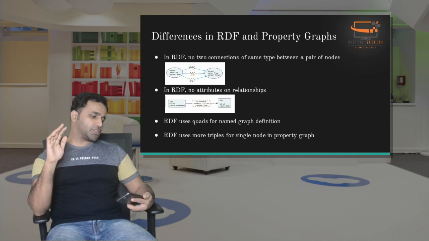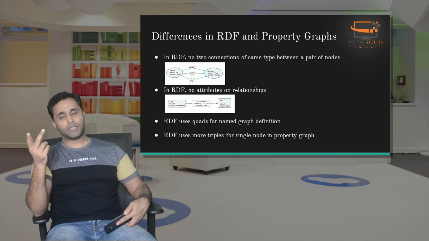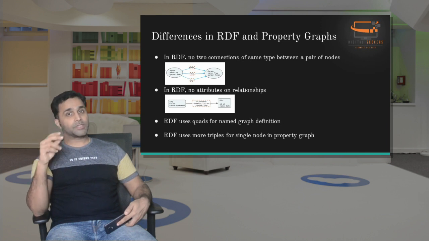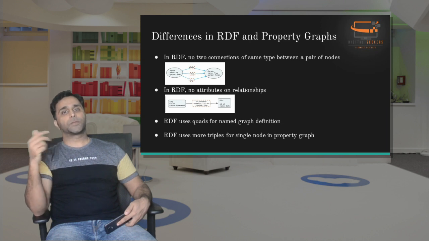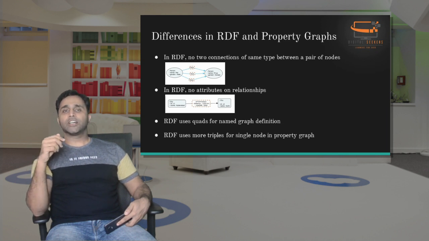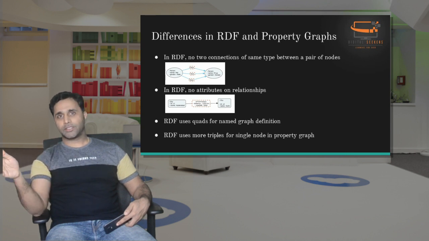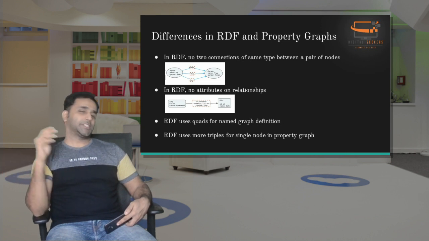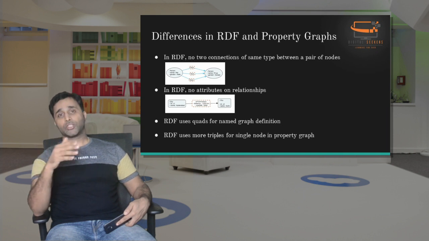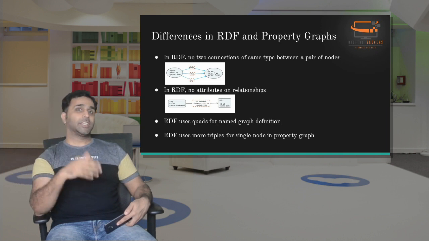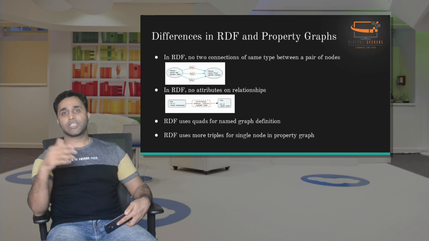In RDF stores, no two connections have the same edge. That means the same edge cannot be repeated between two nodes multiple times. That means Raju likes Priya in his childhood, Raju likes Priya in his teenage, Raju likes Priya even now. Similarly, Raju likes a specific movie in his childhood, he likes the movie in his teenage, even now.